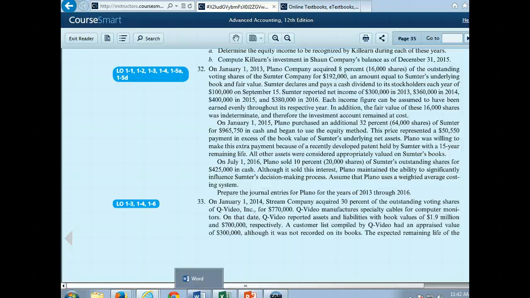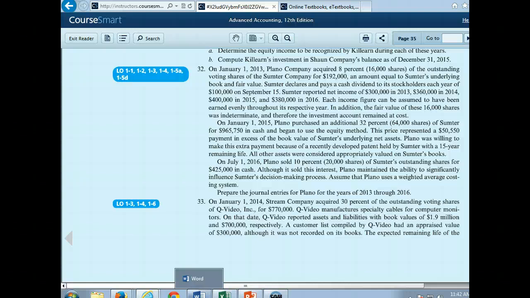So there's nothing excess. Sumter declares and pays a cash dividend to its stockholders each year of $100,000 on September 15th. Sumter reported net income of $300,000 in 2013, $360,000 in 2014, $415,000 in 2015, and $380,000 in 2016.